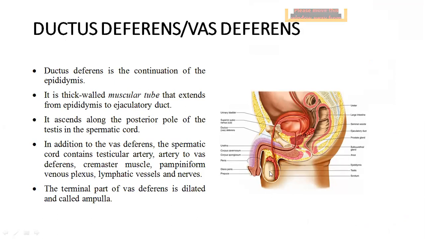In addition to vas deferens, the spermatic cord contains the testicular artery and the artery of vas deferens. Don't worry about the spermatic cord now. The terminal part of vas deferens is dilated and is called the ampulla.